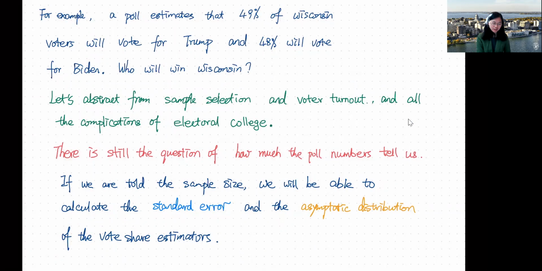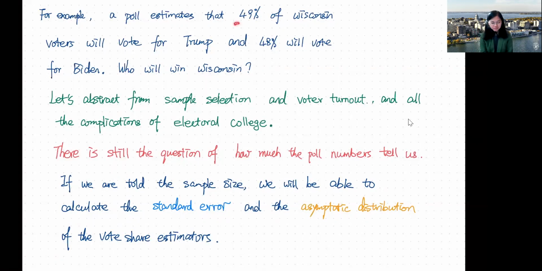So we abstract away from sample selection. Let's also disregard all those complications caused by voter turnout or electoral college. But even when we rule out all of those complications, there is still the question of how much the poll numbers tell us.